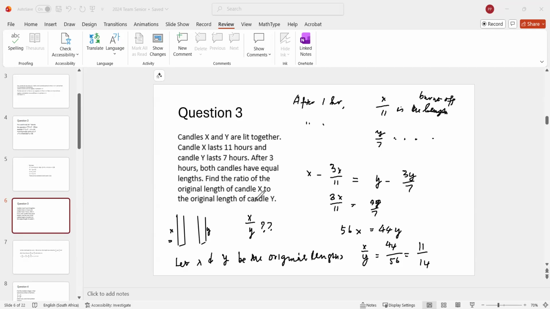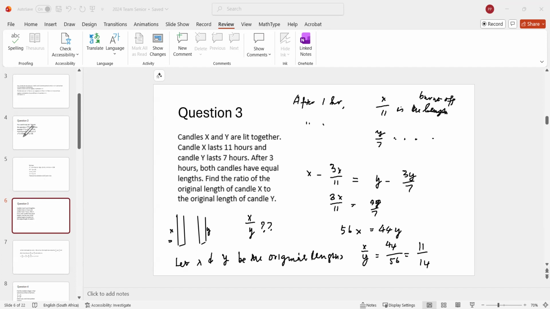Many of these problems, you bring it down to the units. In other words, bring it down to 1 hour. And then you can use that as your launch pad to work out for any number of hours. Once you bring it to 1 hour, then the problem becomes very much easier to solve.